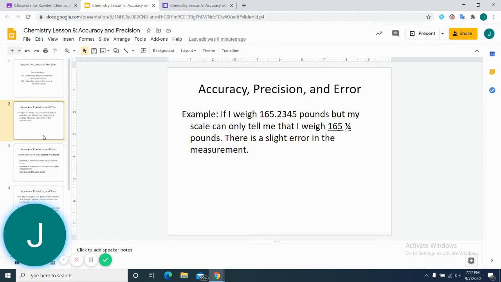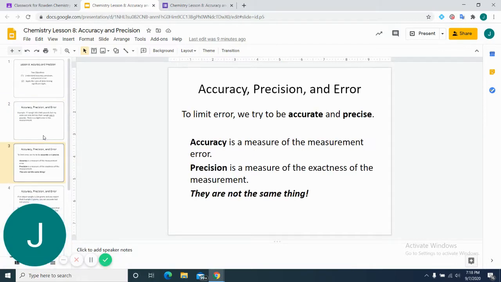Out of everything the scale is able to do, saying 165 and a quarter is the closest to reality, but it's still a little bit off. There's an error. And the error is that the object I'm using to measure can't be exact enough or precise enough. Okay, so the idea here, in order to limit error, you look for two things: accuracy and precision.